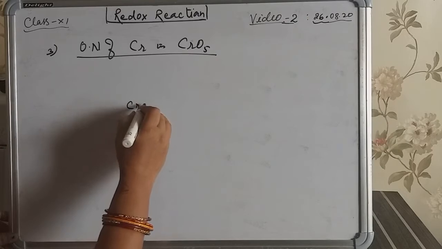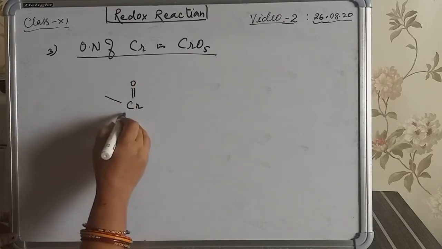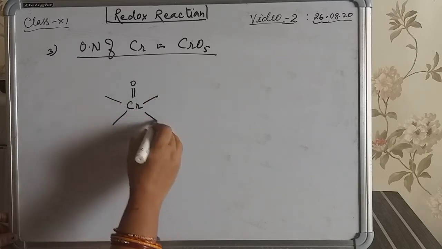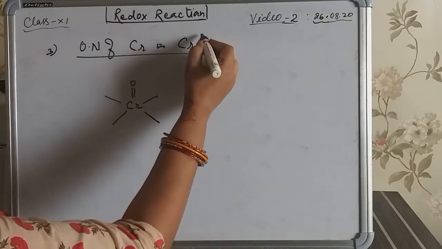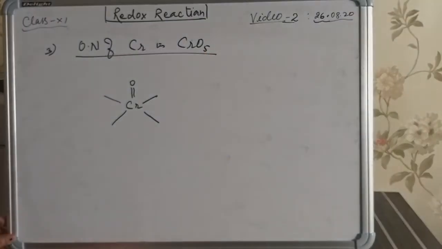At first draw the chromium structure with 1, 2, 3 and 4. Mostly students assign -2, so 5 into 2 is 10, and assign chromium plus 10, which is extremely wrong, because chromium belongs to this group and its maximum oxidation number is equal to the group number.